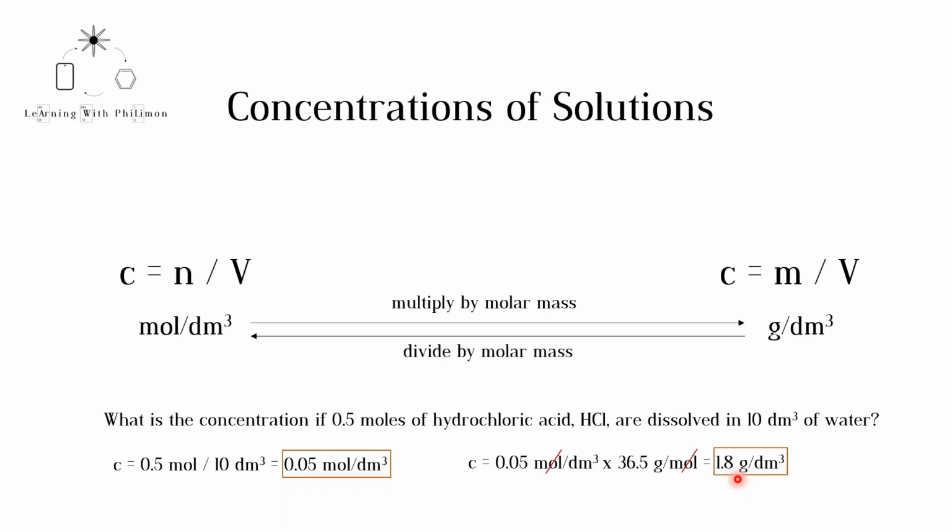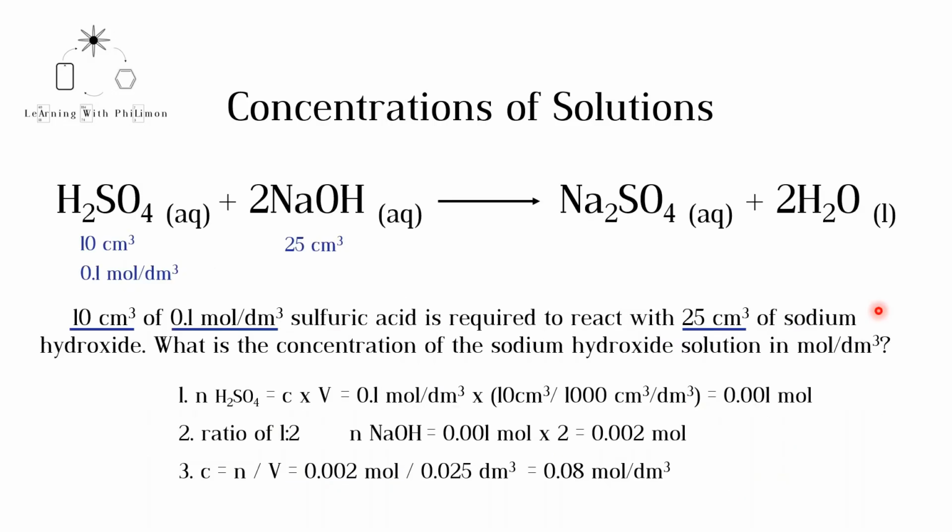Now let's see how we can apply this to chemical equations. A typical question would look like this. 10 cm cubed of 0.1 mole per dm cubed sulfuric acid, H2SO4, is required to react with 25 cm cubed of sodium hydroxide, NaOH. What is the concentration of the sodium hydroxide solution in mole per dm cubed?